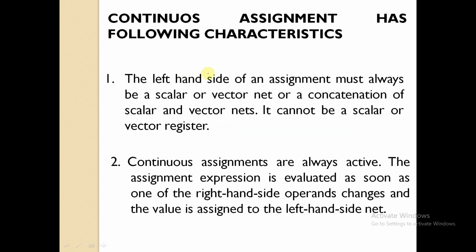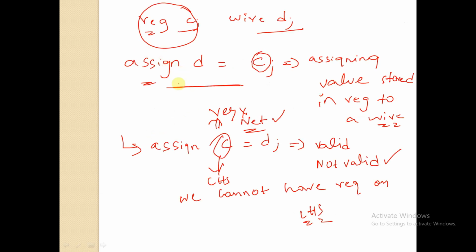Coming to the continuous assignment characteristics, the left hand side of an assignment must always be a scalar or vector net, or a concatenation of scalar and vector nets. It cannot be a scalar or vector register. On the left hand side, we can have only scalar or vector nets.